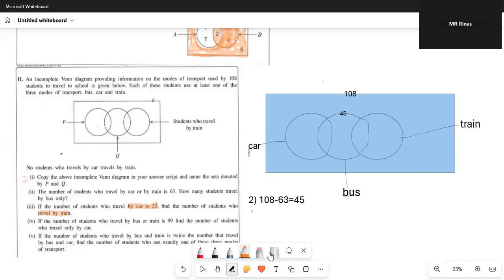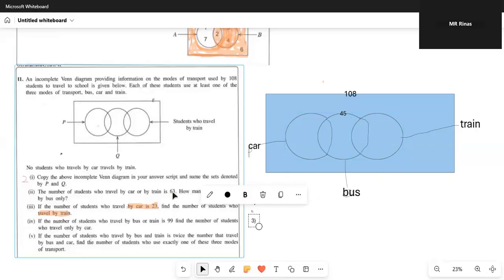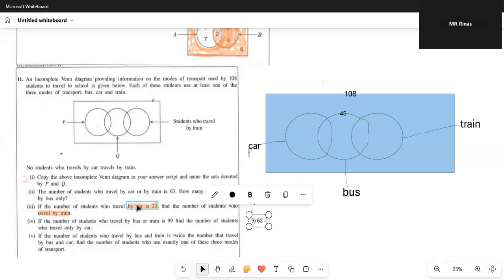So we'll move on to the answer of the third question. Now we know car or train is 63, right? Here they have mentioned 63. Now they have given students who travel by car is 23.